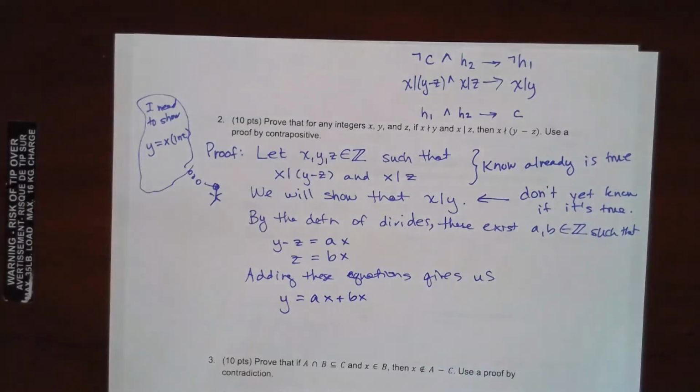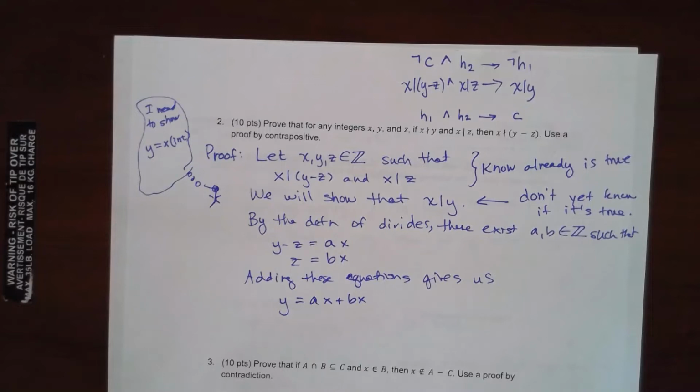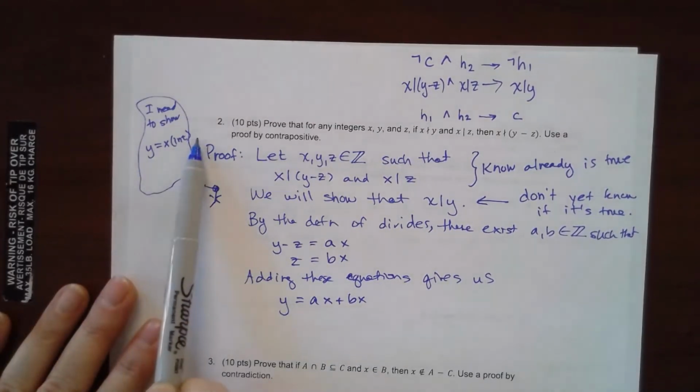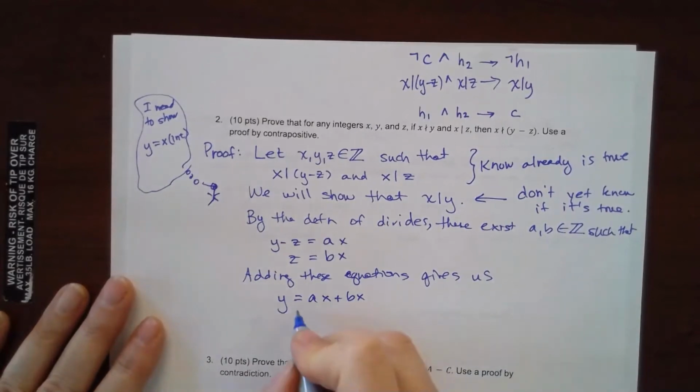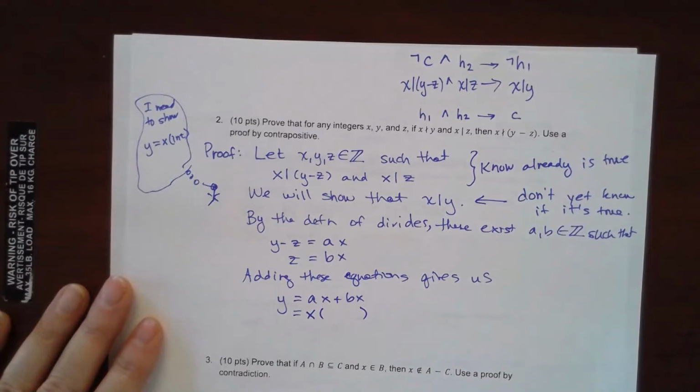And my frowny face over here that you can't see is starting to turn into a smile because I'm so close to getting y equals x times some integer, if only I could just write it like that. Could I write x times some integer? Well, I could write it as x times a plus b at least.